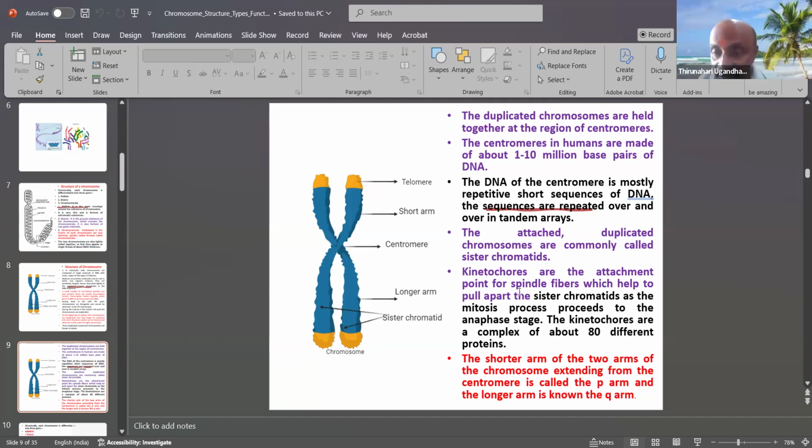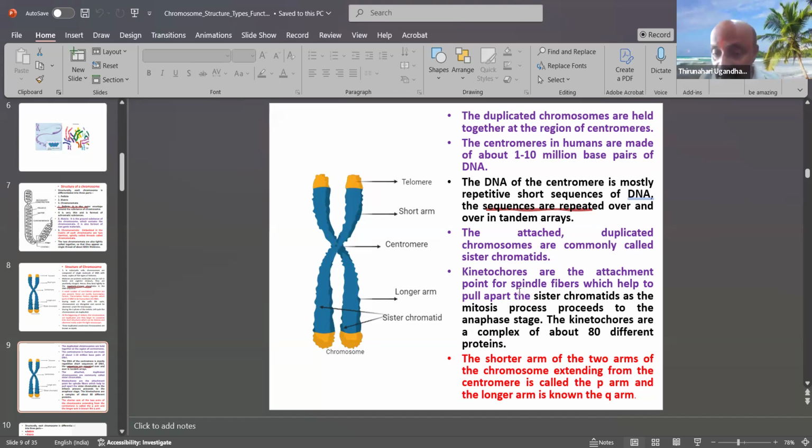The DNA of the centromere is mostly repetitive short sequences, repeated in tandem arrays. The attached duplicated chromosomes are commonly called sister chromatids: the duplicated chromatid and the original chromatid.